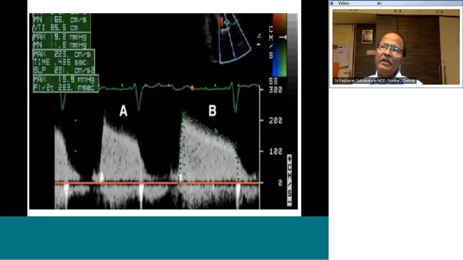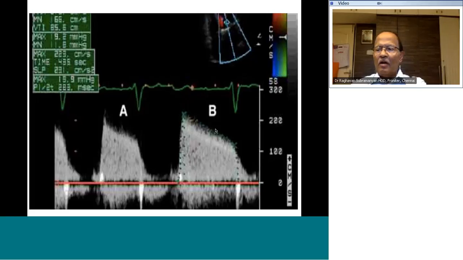If you have severe mitral stenosis and a very low cardiac output, you will have a very low gradient. Therefore, a gradient should always be interpreted along with the cardiac output. So, for a normal cardiac output, the higher the gradient, the greater the severity of stenosis.